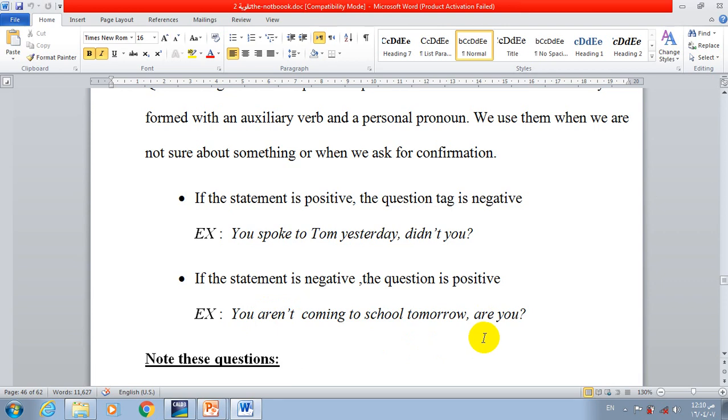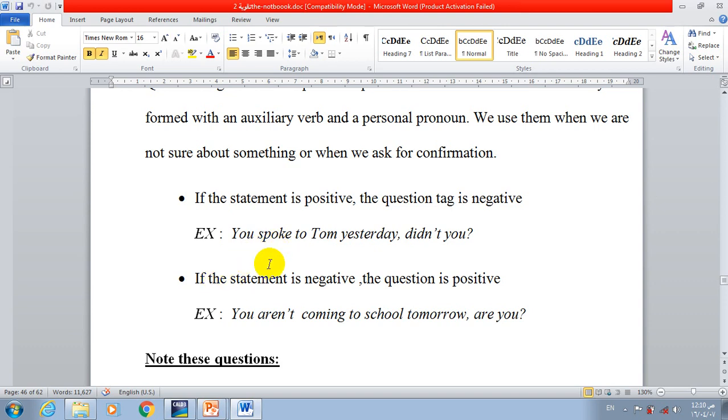Okay, but what must we use if there is a main verb, not a helping verb? If the main verb is in present without any additions, without s or es or ies, we use in the question tag the helping verb do, and put it in negative if the main sentence is positive.